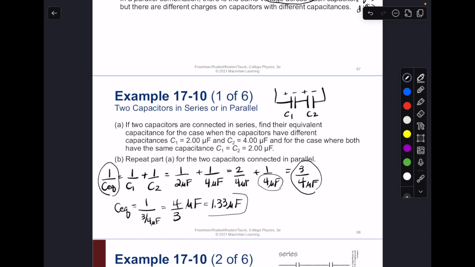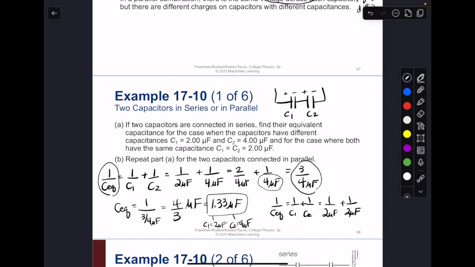So this is C1 is 2 and C2 is 4. Now what if C1 equals C2? Let's start over. 1 over C equivalent equals 1 over C1 plus 1 over C2. Well, they're both equal to 2 microfarads.